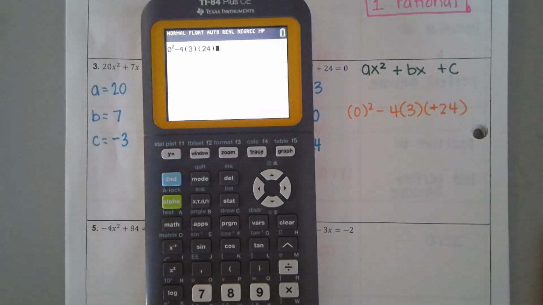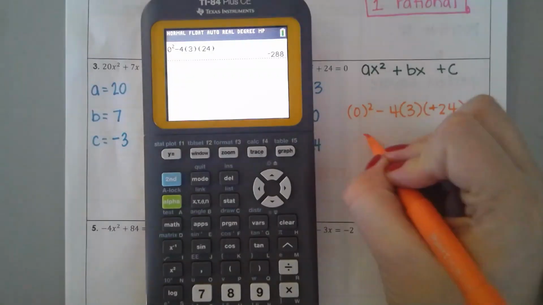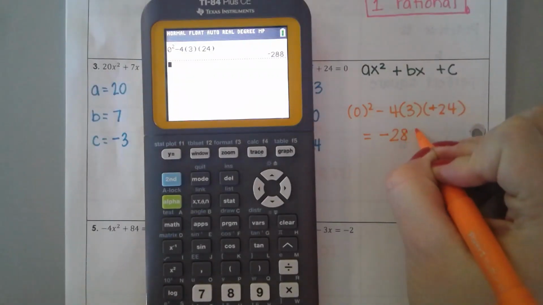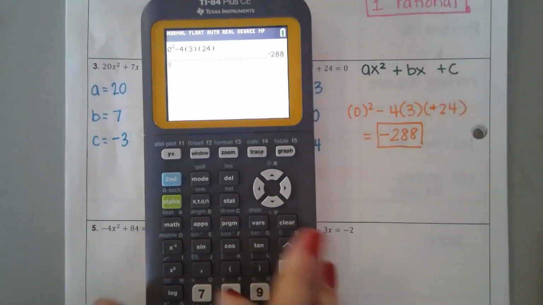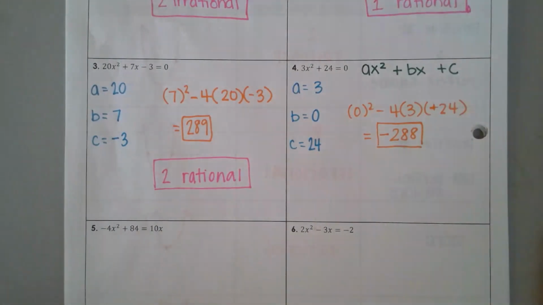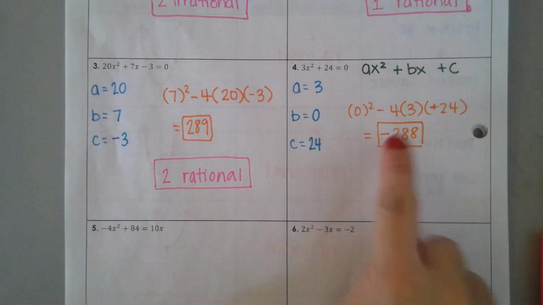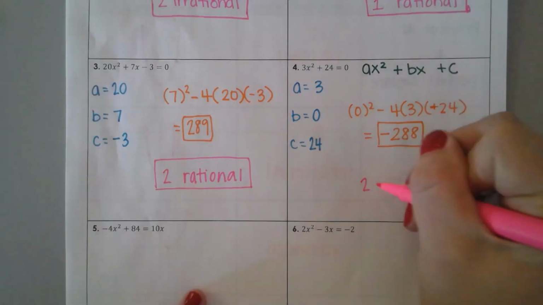Type in the calculator. And we get -288. That's a negative number. Doesn't matter if 288 is a perfect square or not. 2 imaginary. If it's negative, it has 2 imaginary.